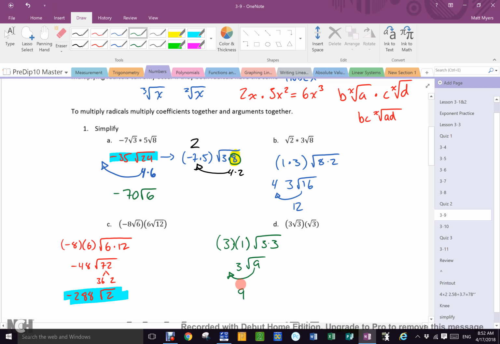Everybody with me? Okay, now I want to talk about this case right here, which is root 3 times root 3. Now, since you people are in pre-diploma math, you are able to make this connection very quickly.